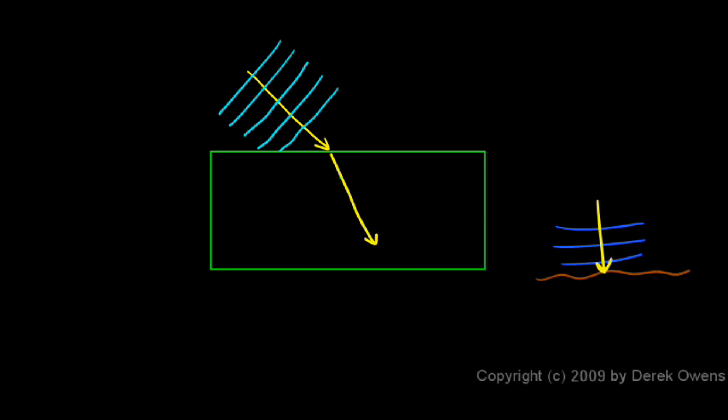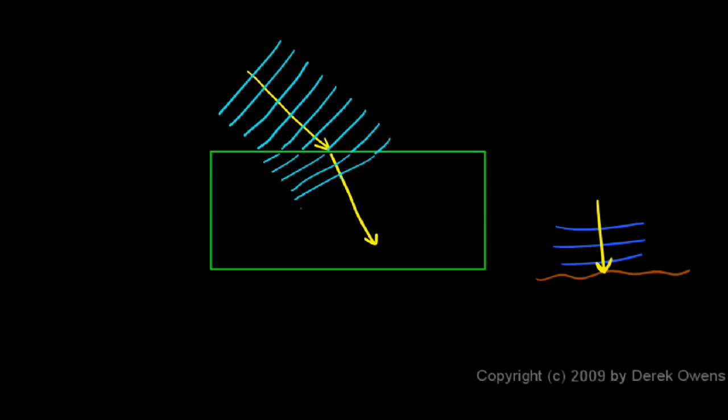Now, when the light enters the glass, it slows down, so you can see that this end of this wave front has entered the glass first, so it slows down a little bit. These out here are still moving at the speed of light in air until they're in the glass. Once they're in the glass, they slow down, so they don't move as far each time now.